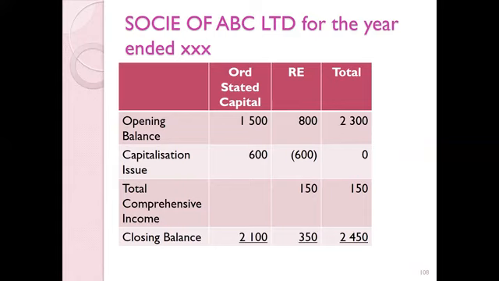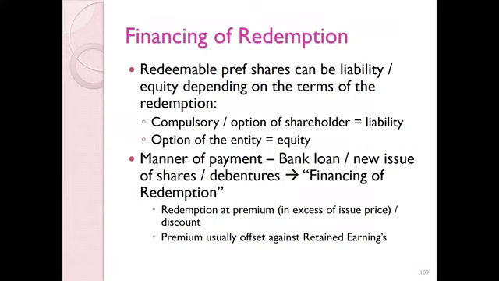We have an increase there of the R600 for our ordinary share capital and a reduction in retained earnings of R600. So we're issuing those shares to the shareholders, but the shareholders are not paying for them. We are paying for it directly out of retained earnings.